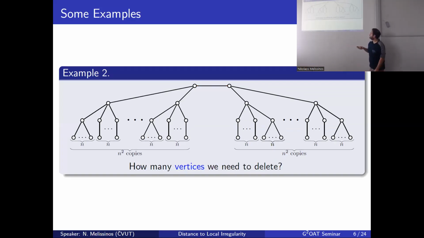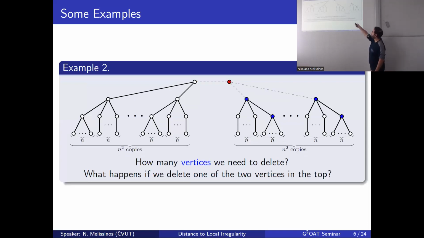However, what happens if I ask how many vertices we need to delete? Again, you need some time to think to realize that if I delete the top vertex, where the problem was appearing, then I am introducing several extra problems, n squared of them. So this is a bad option.